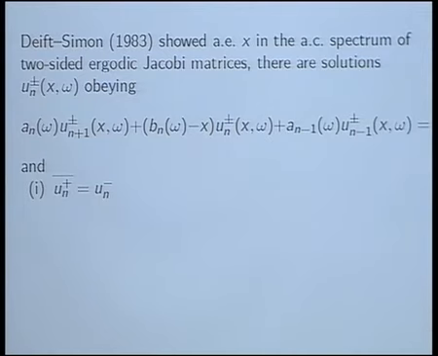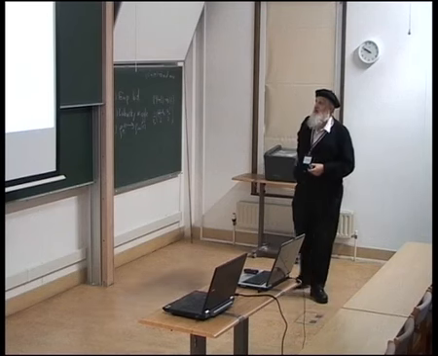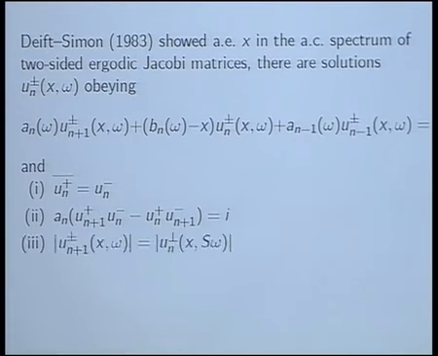So Percy and I proved that for almost every x in the AC spectrum, with two-sided ergodic Jacobi matrices, there are solutions of the equation that are plane wave-like. The two are complex conjugates of one another. They're normalized by this Wronskian condition. Their absolute value is invariant. The phase in general is not.